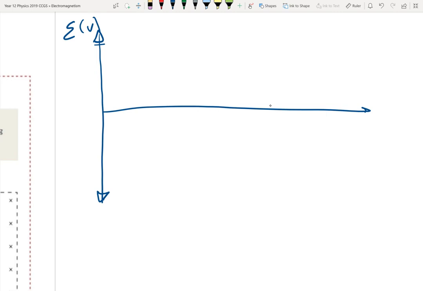So, my first demonstration, I wish, was just a single loop of wire, but we'll have channel number 1. That's channel 1 apparently.